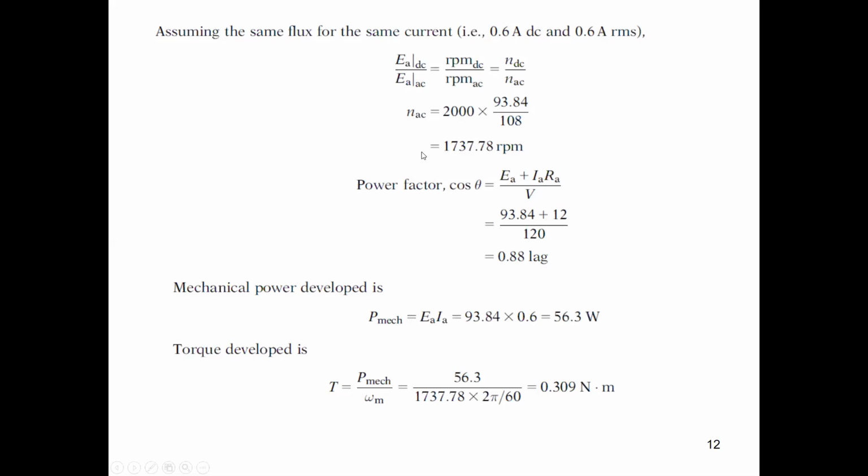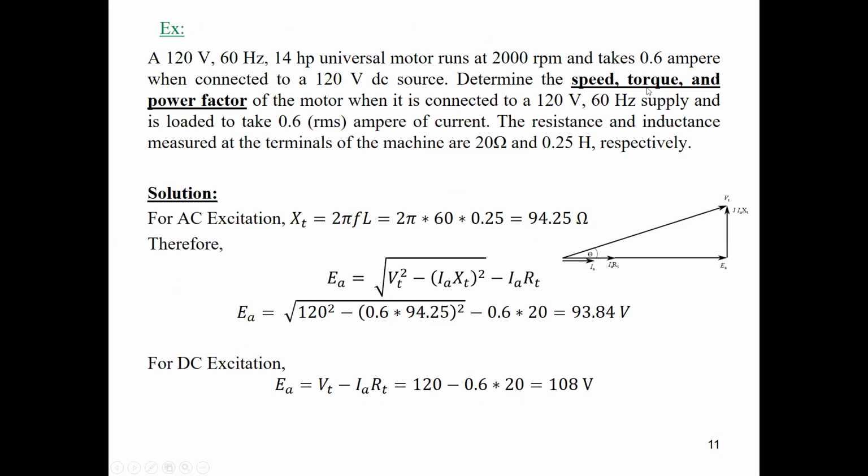For all time, you will have lower speed in AC excitation compared to that of DC excitation. So this result is logical. Also, it's required here to calculate the torque and power factor.